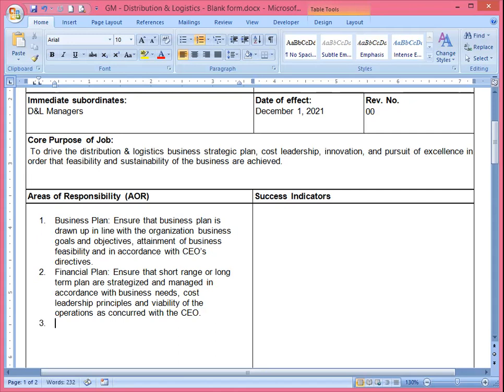Then maybe things like a feasibility study, if he's doing a feasibility study.